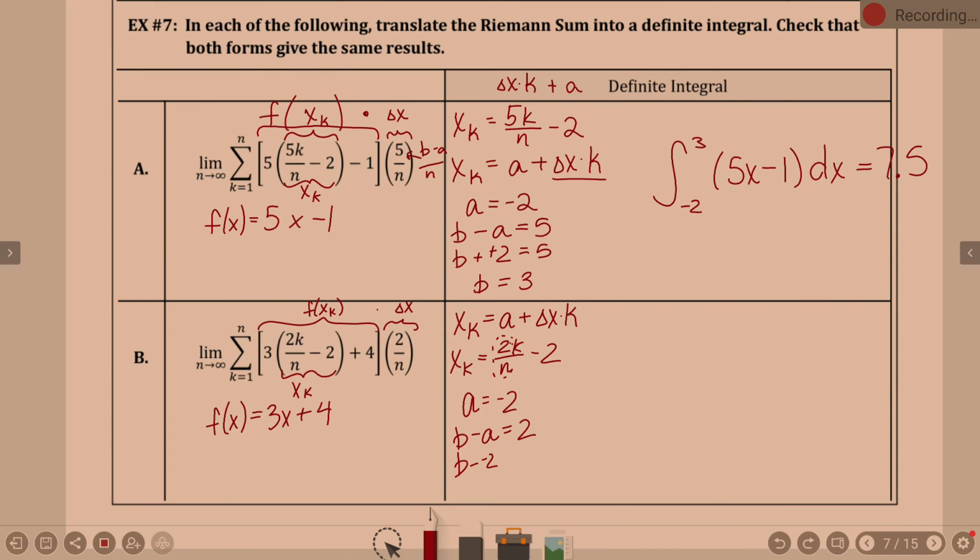So really it's b plus 2 equals 2, so b is 0. Okay, I think we can write this integral, can't we? Integral from negative 2 to 0, smaller number on bottom usually, f of x, which was 3x plus 4, times dx.